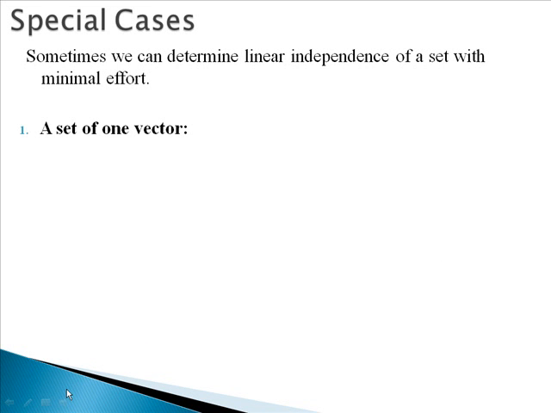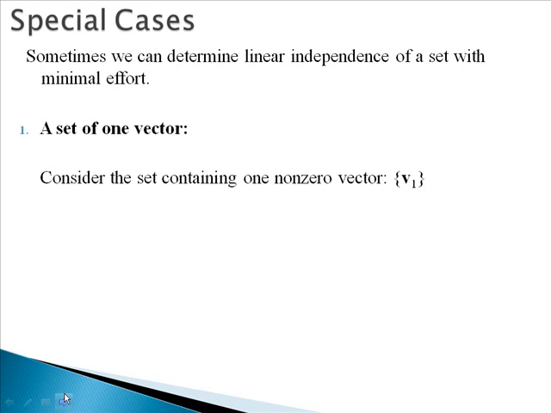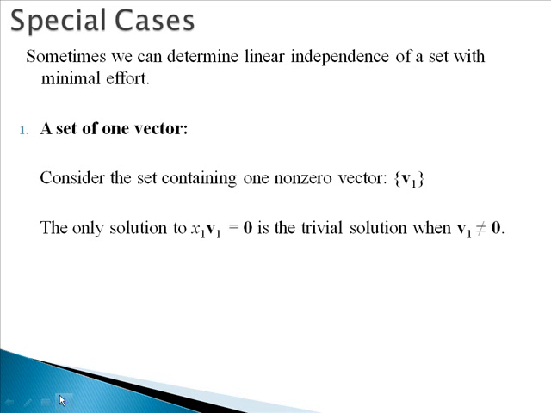In the first case, we're going to consider the set containing one non-zero vector, v1. So this is a vector that does not have all zeros in it. Then the only solution to my equation x1 v1 equal to the 0 vector is the trivial solution when v1 is not the 0 vector.